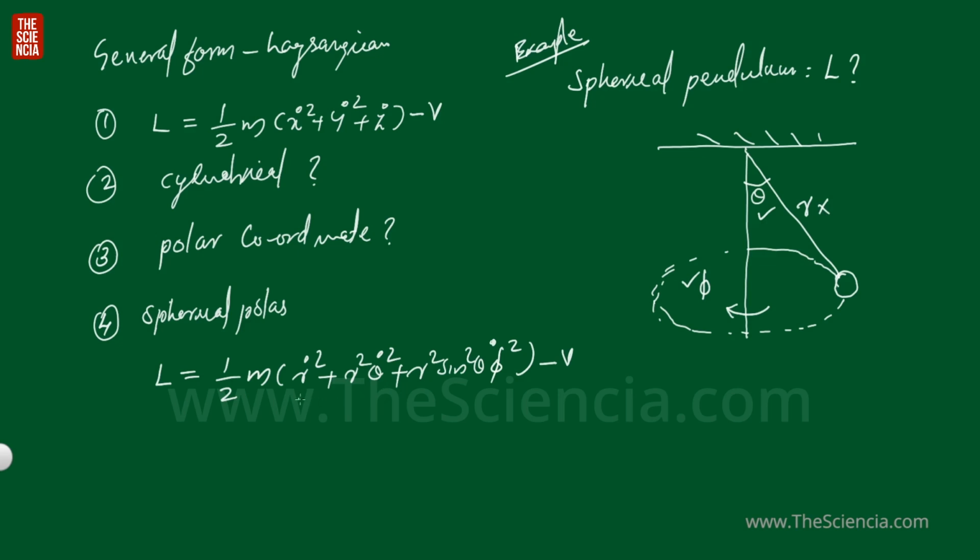So there is no velocity component in the r coordinate. But theta dot will be there. Phi dot will be there. So for the spherical pendulum, the Lagrangian will be equal to 1 by 2 m. This r dot will not be there. That is, (r square theta dot square plus r square sine square theta phi dot square) minus v.